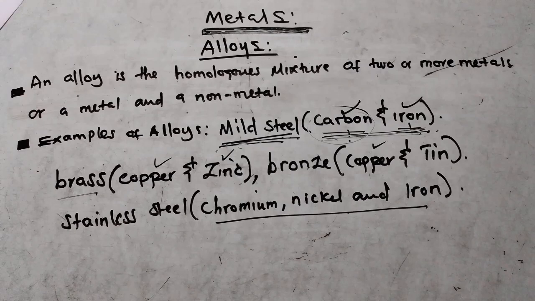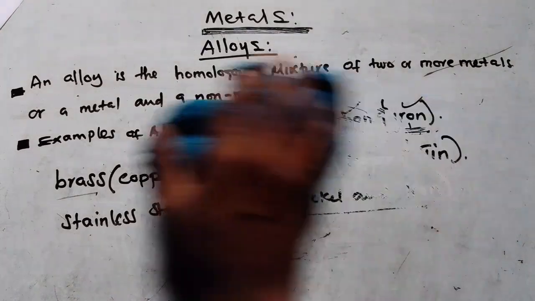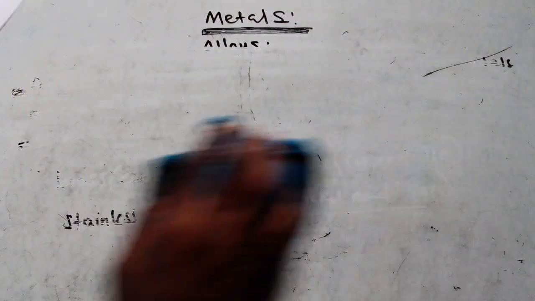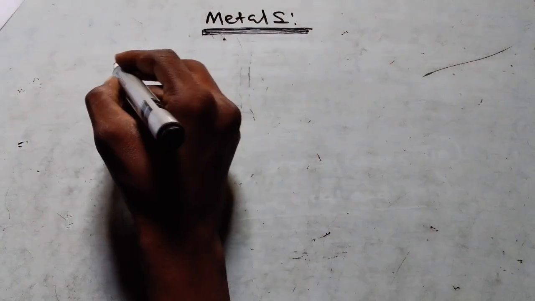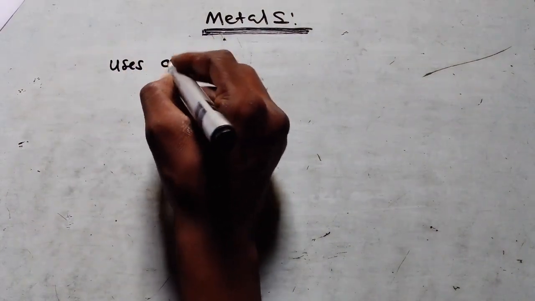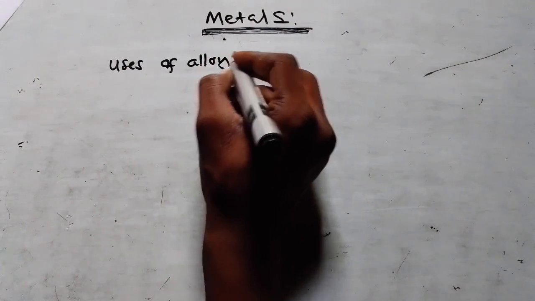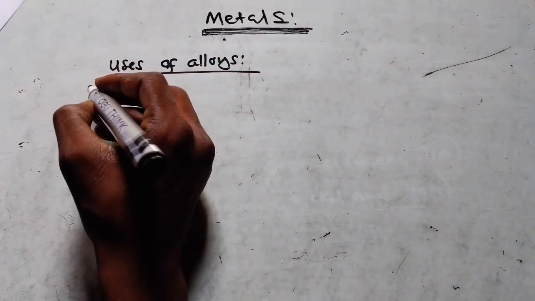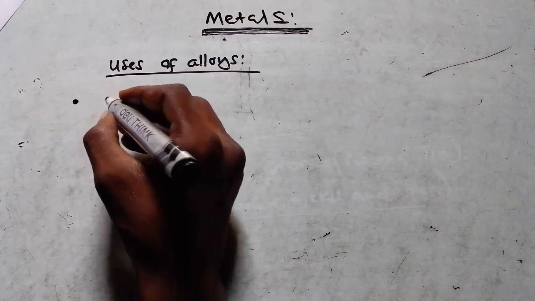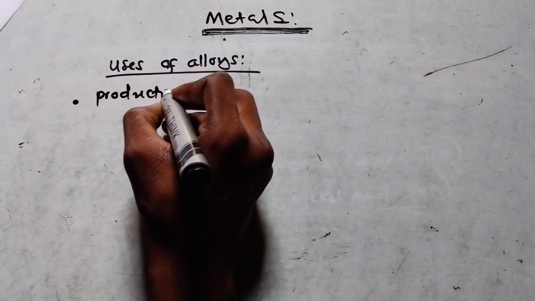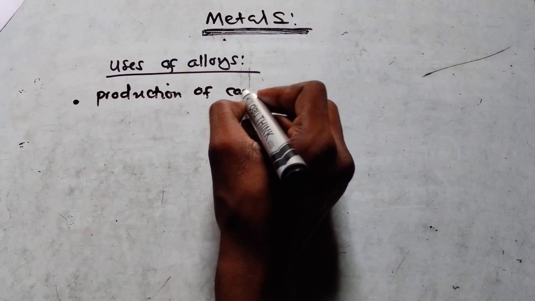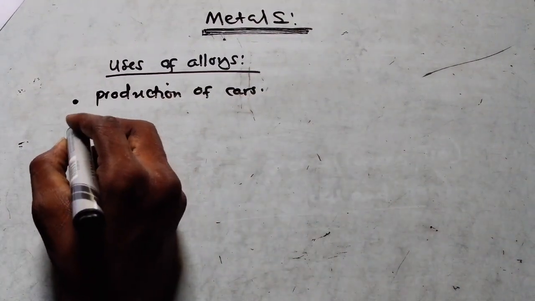So, what are the uses of these alloys that we have been talking about? It's very important, guys, for us to know the uses of these alloys. So alloys are used in the production of cars.